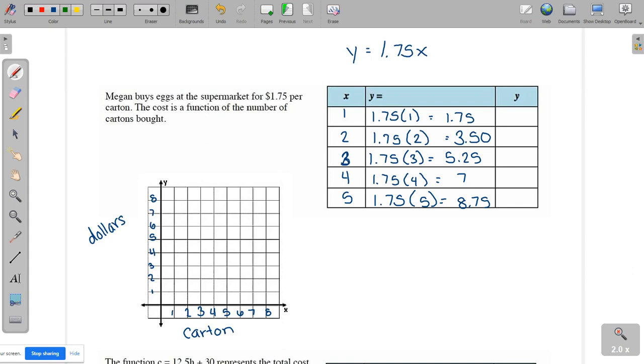So that's going to be a little more. 2 would be $3.50, right in the middle. 3 will be $5.25. 4 would be $7. 5 is $8.75. Now let's draw the line.